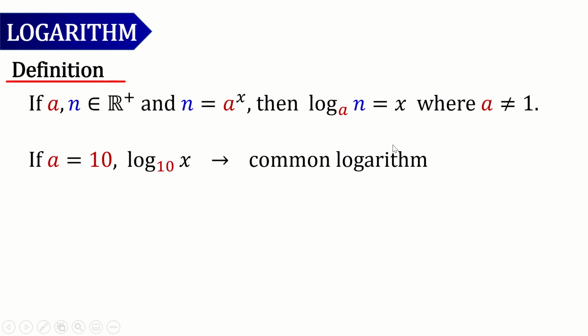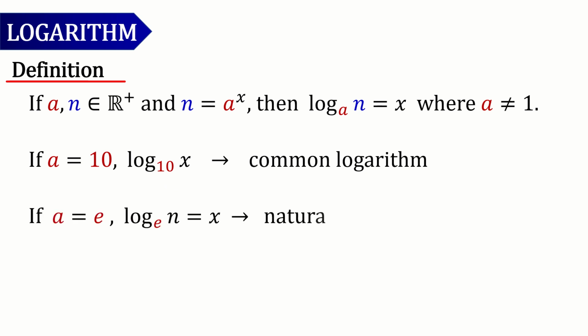For example, if the base is 10, that means log base 10, which we call a common logarithm. For a common logarithm, we don't write the 10 there, so if this is just log x, that means log base 10, the common logarithm. And if the base is e, which is log base e, this is what we call a natural logarithm, and we have a special expression for that, which is ln n.